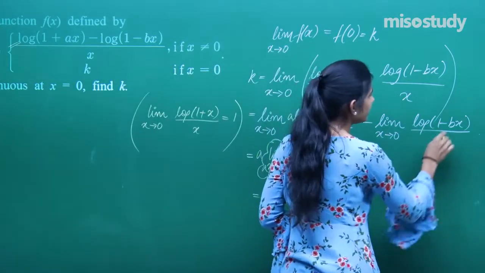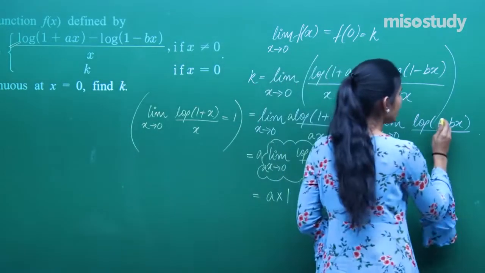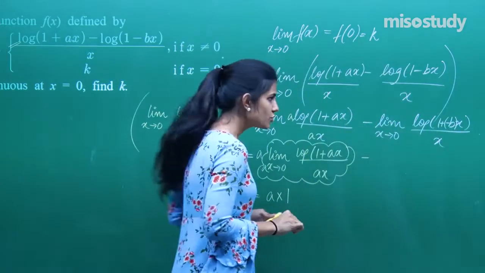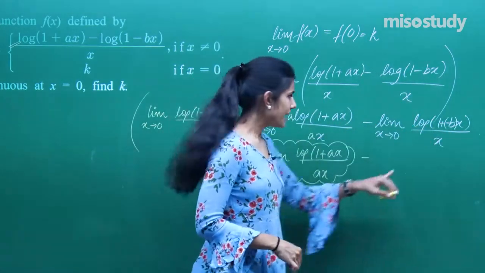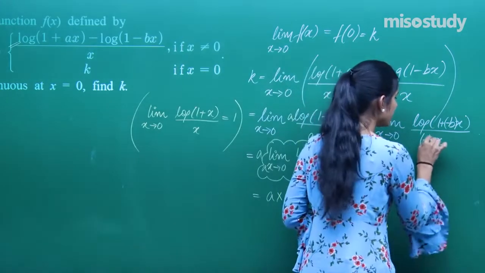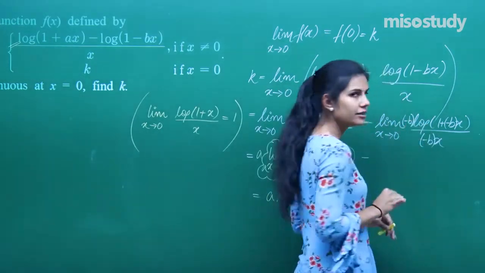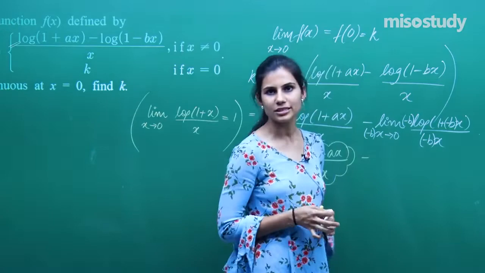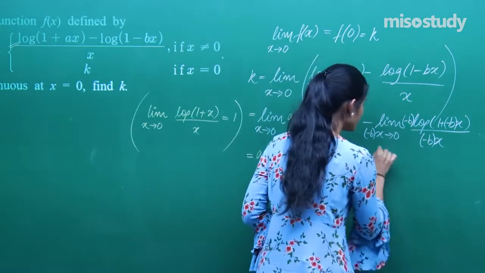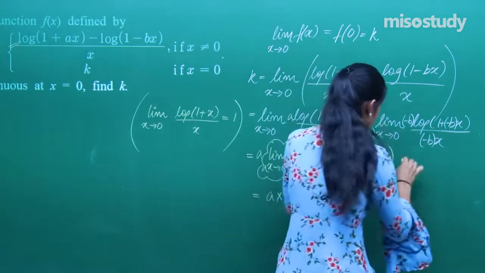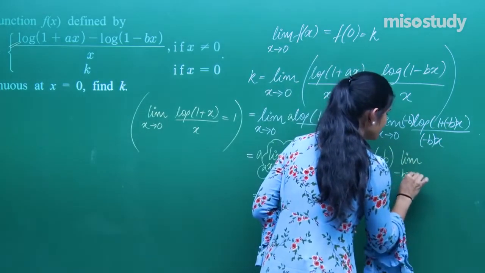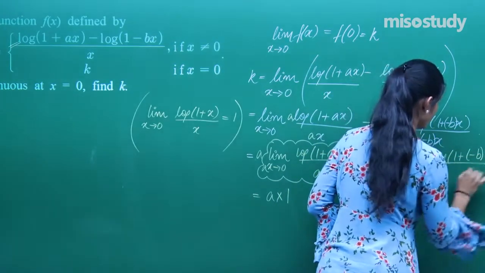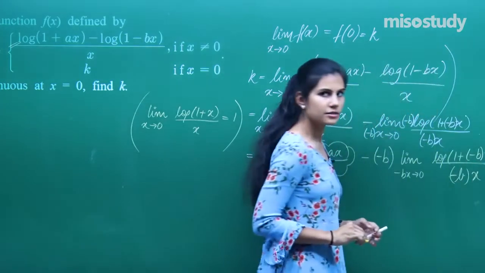Again the same thing. Here I have minus bx, so actually I can write this as plus minus b times x. So I have 1 plus minus bx. Minus bx is what I want over here, so I will be multiplying by minus b and dividing by minus b. And if x is approaching 0, clearly minus bx is also approaching 0. Not a problem. So this minus b will be pulled out of the limit and you will be left with limit minus bx tends to 0, log of 1 plus minus bx whole upon minus bx.